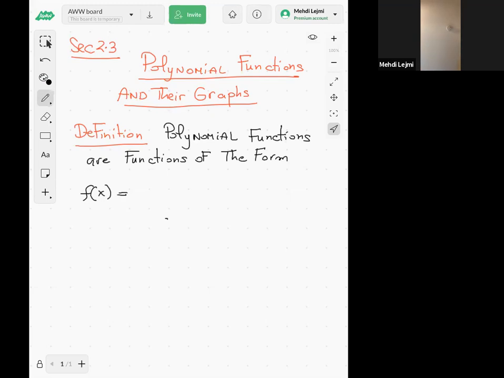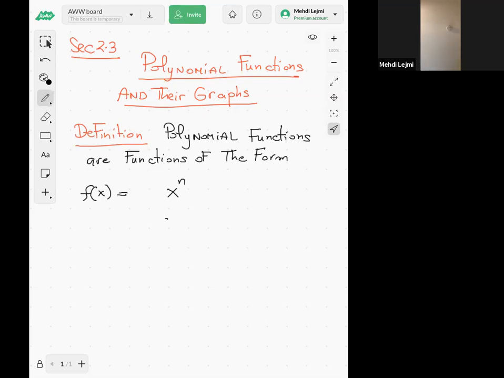Okay, so we have x to the power n. The power of x here could be any whole number. So it's x to the power n. This n here could be any positive whole number.